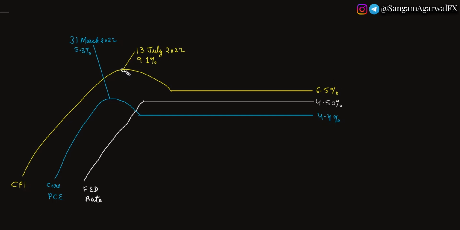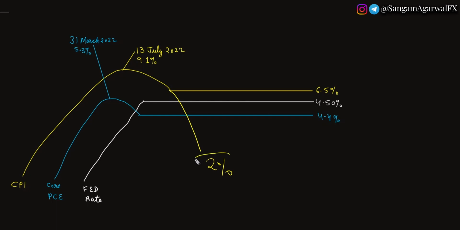But CPI has already made a top and it is coming down, and in the upcoming time it will go down, and the Fed target is 2%, which we all see in the news.